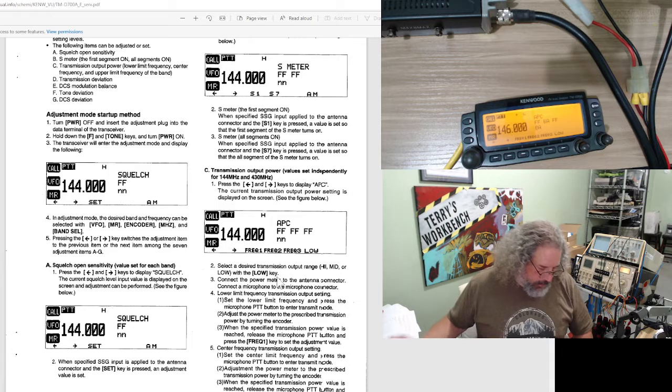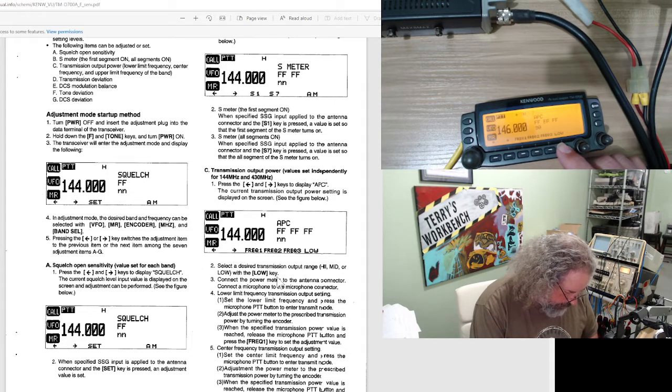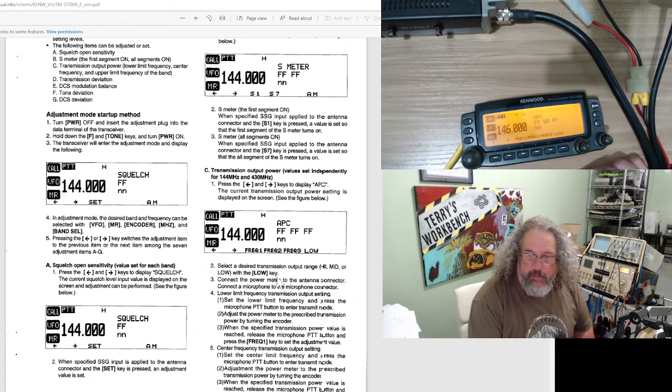It's a low key. There we go. Low, 5 watts. Connect the power meter to the antenna connector. All right. Lower limit frequency transmit output setting. Set the lower frequency and press the microphone.